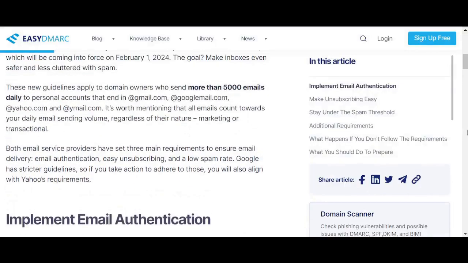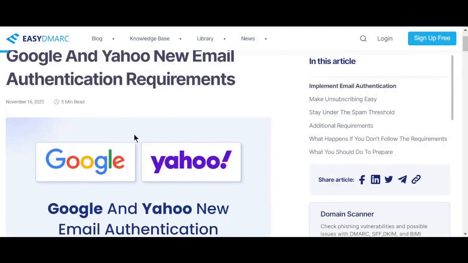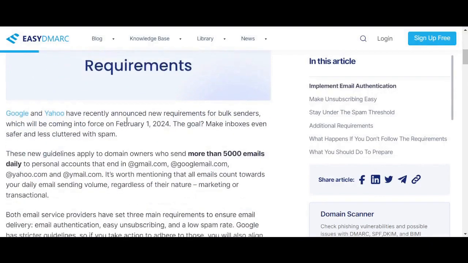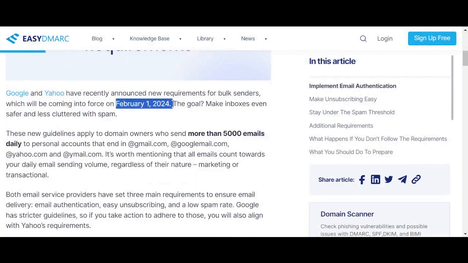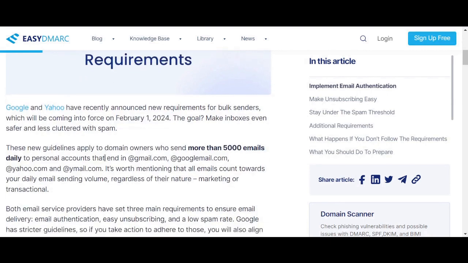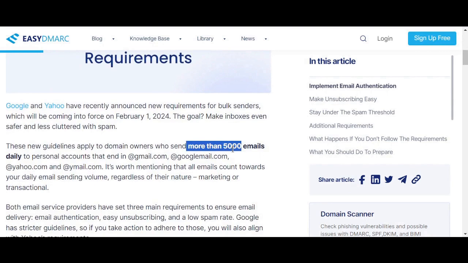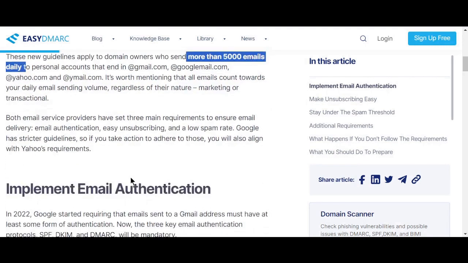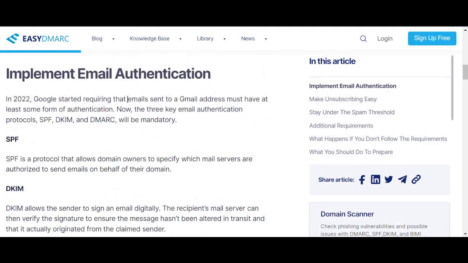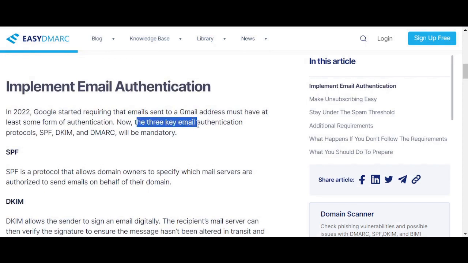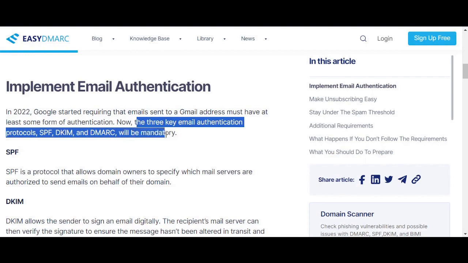And the reason I'm talking about this today is because Google and Yahoo recently announced that on February 1st, 2024, they're going to be implementing a new policy that's going to require email providers who send more than 5,000 emails in a day to have all three email authentication protocols, SPF, DKIM, and DMARC set up.